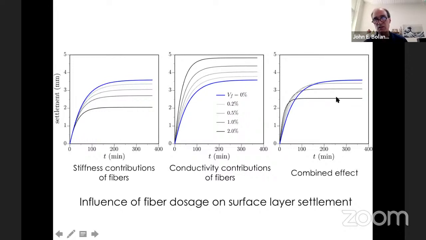And this is good because we want this enhanced conductivity at early age because it brings water up to the drying surface. So we don't get as much surface cracking, and also we don't have a large plastic settlement at later age.